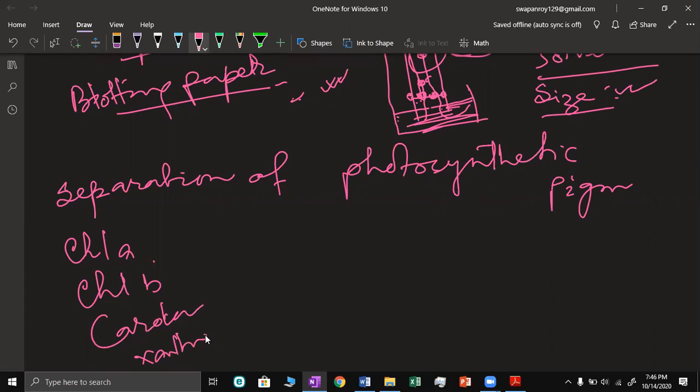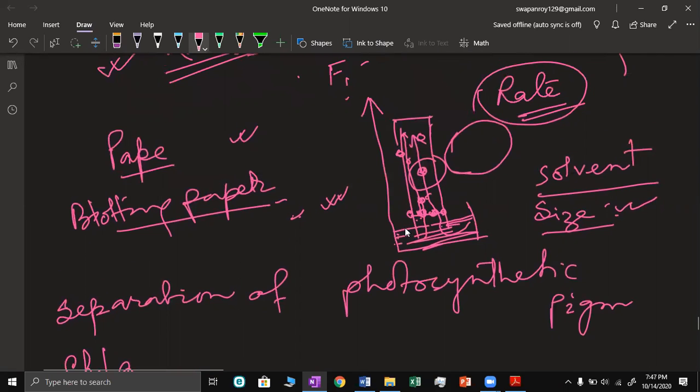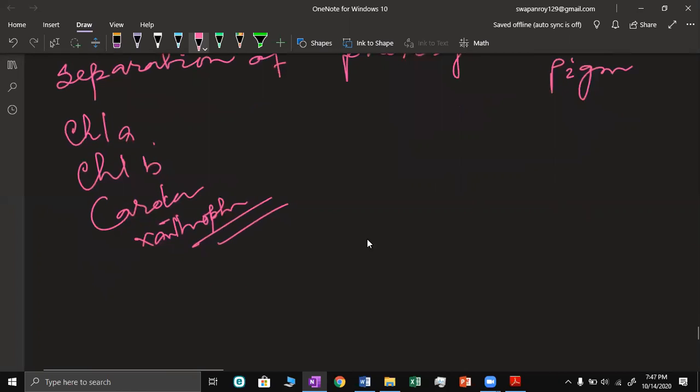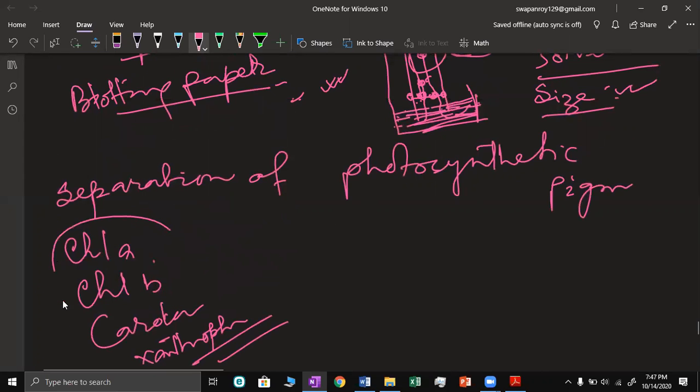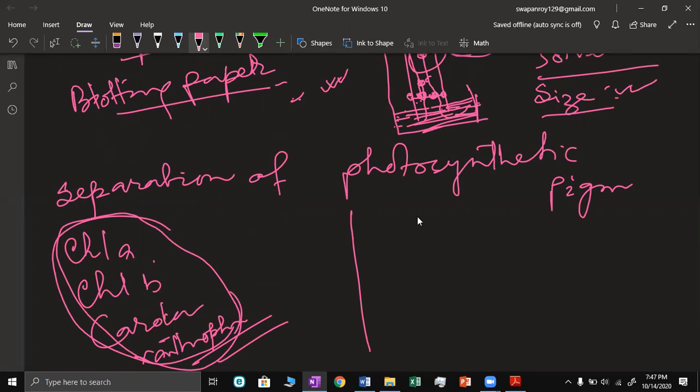Here a solvent, petroleum ether, is taken, and on the blotting paper, which we call chromatography paper, the extract of the plant pigments is spotted somewhere, and then it is dipped in the solvent kept in one jar.